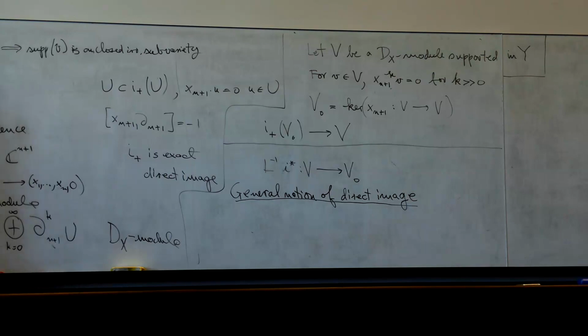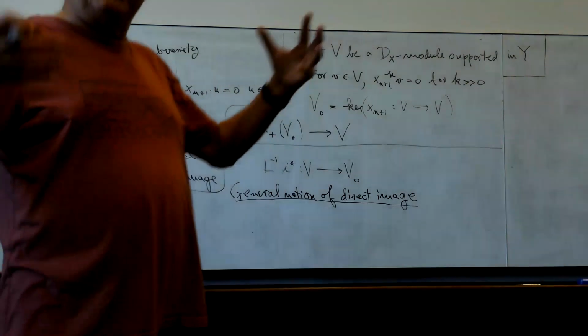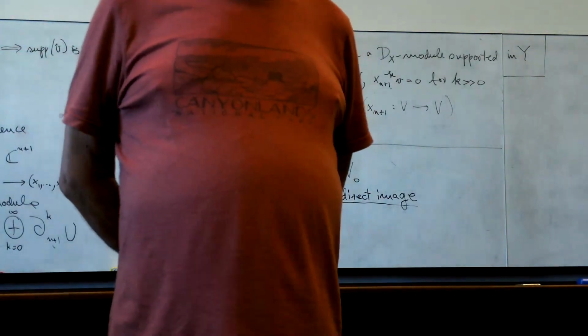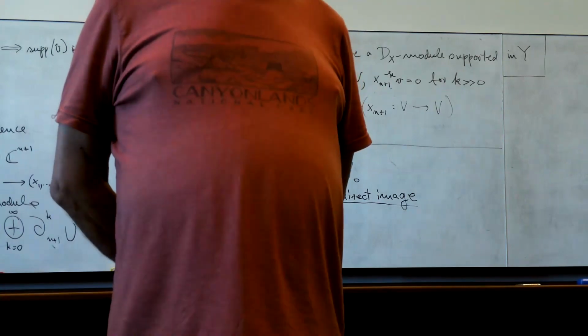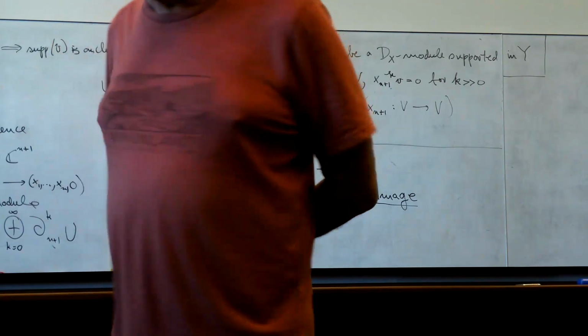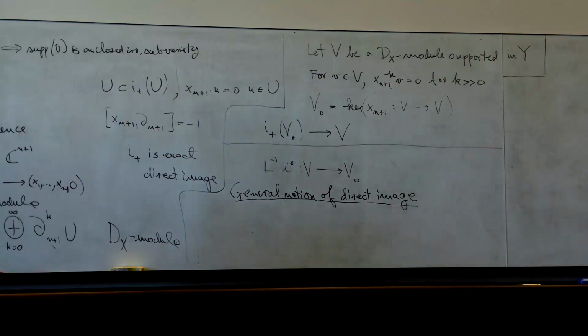So you're saying that if I take the Dirac delta at 0, I don't just get the Dirac delta, but I get all of its derivatives. Yes, exactly. So this is another good model to think about direct image: derivatives of Dirac delta. That's super nice. I never thought of that.